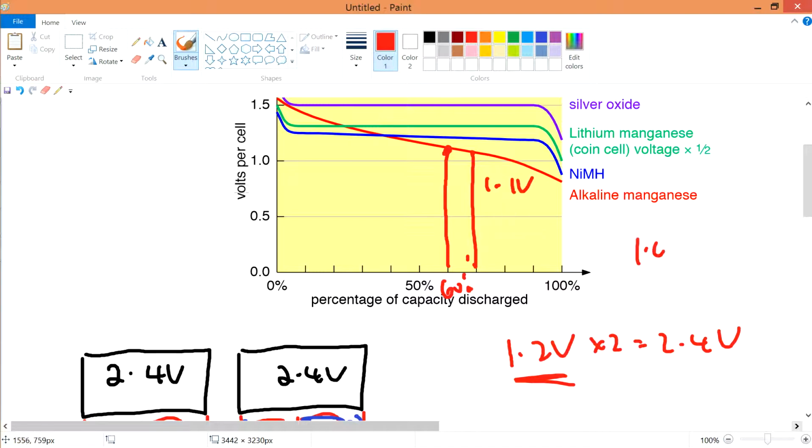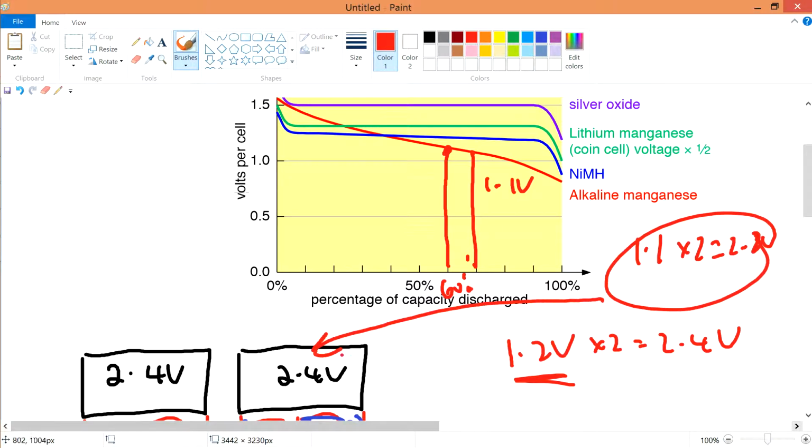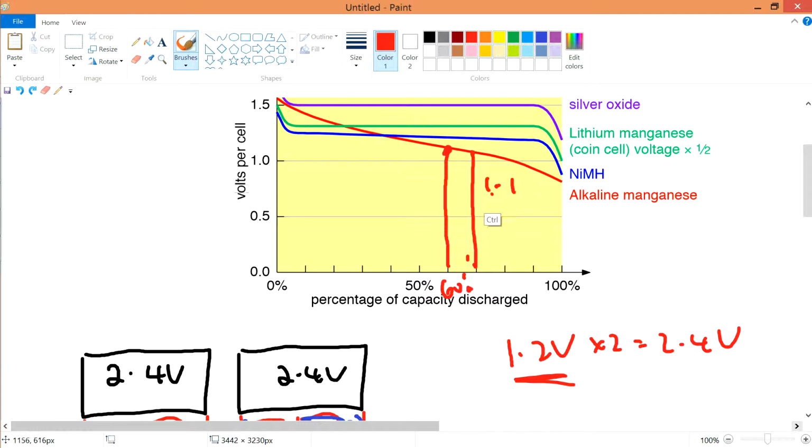So 1.1 times 2 equals 2.2 volt. You're unable to supply this new system, which requires 2.4 volt. So you're going to cause more wastage again, about 40% more. Normally you can put in the alkaline battery, but you are wasting your money and your power resources, because you have 40% more to use.